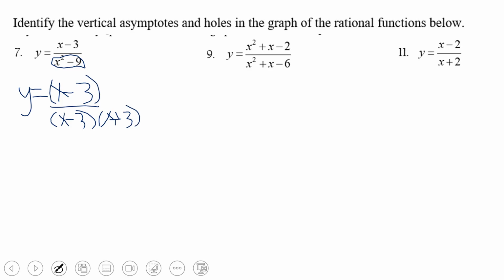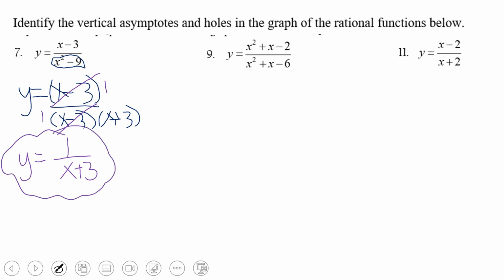So when I look at the numerator and the denominator, notice that the denominator is a product of linear factors. It has to be written as a product in order for us to reduce. So I am able to reduce these. They don't cancel out. They're really going to reduce down to 1. When I rewrite this, I have y equals 1 over x plus 3. This is the reduced form of this original equation.